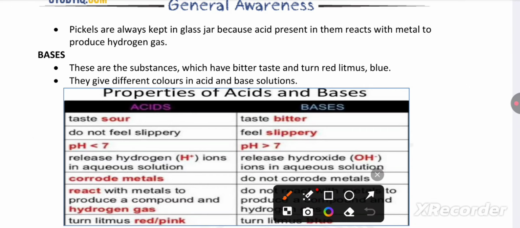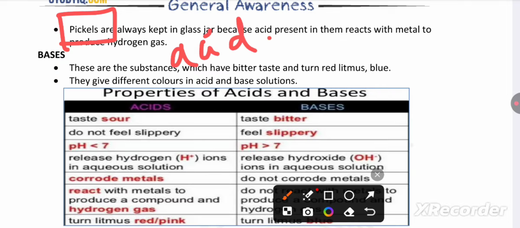Let me explain one thing. We know we keep pickle in a glass jar, but we don't know the reason why. That is the reason I will explain today. There is a scientific reason. Pickle contains acid.